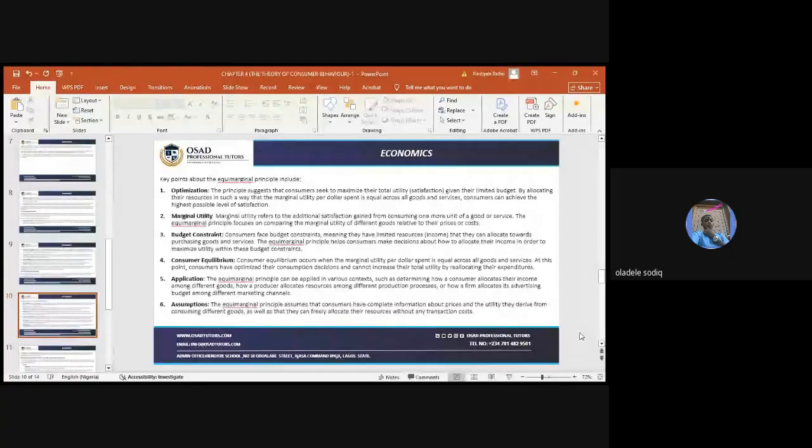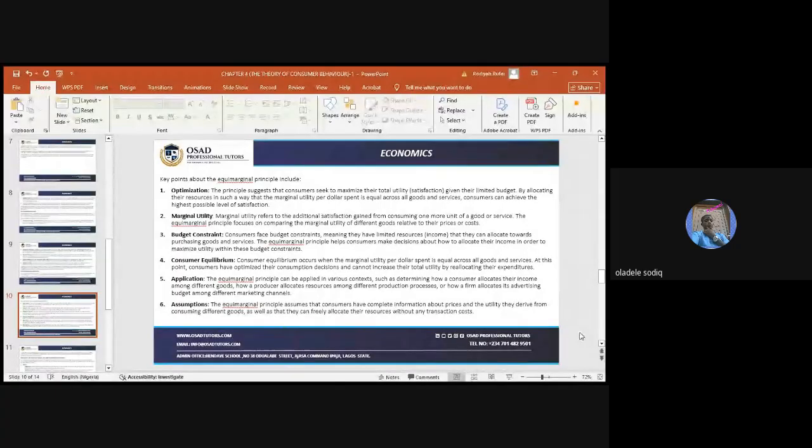Another one is marginal utility. Under this principle, marginal utility refers to the additional satisfaction gained from consuming one more unit of a good or service. The principle focuses on comparing the marginal utility of different goods relative to their prices or cost. Another one is budget constraint, which I've explained before.